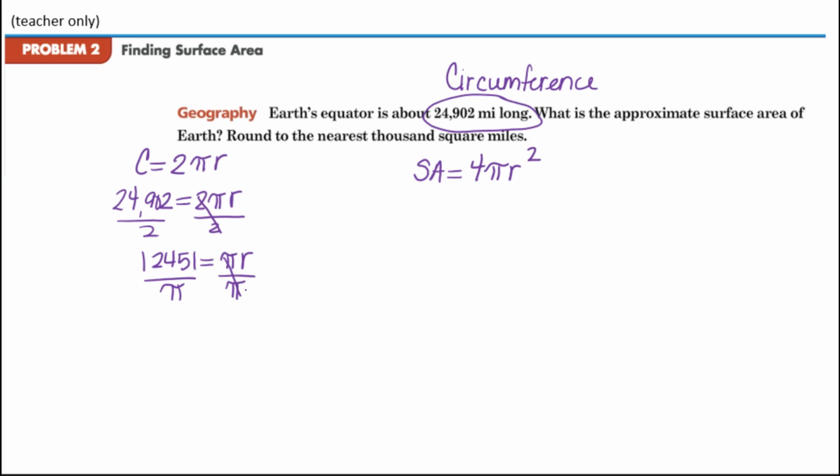And I get that the radius equals 3,963.27. But because we're going to be approximating this, I'm going to round this particular one just because the number is so big to just 3,963 miles.